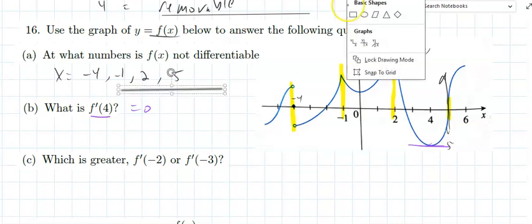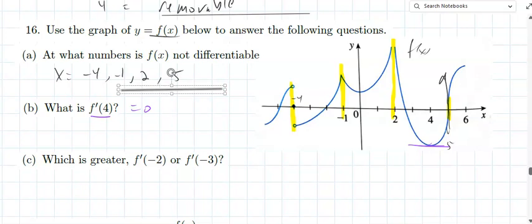And which is greater? The slope of the tangent at negative 2, the slope of the tangent looks something like this. Or at negative 3. At negative 3, it looks like this. Let me make sure. Oops, I messed up again. Okay.